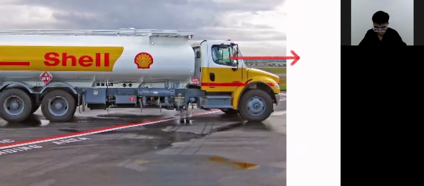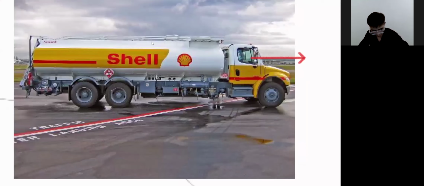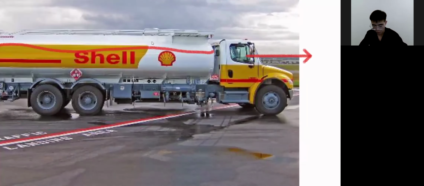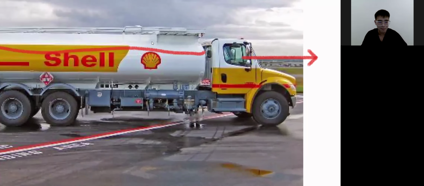But the moment the truck brakes, the oil inside the tank will continue moving forward and hit onto the wall of the tank. When the oil hits the wall, it creates a force, and this force will drive the lorry to move forward a bit more.